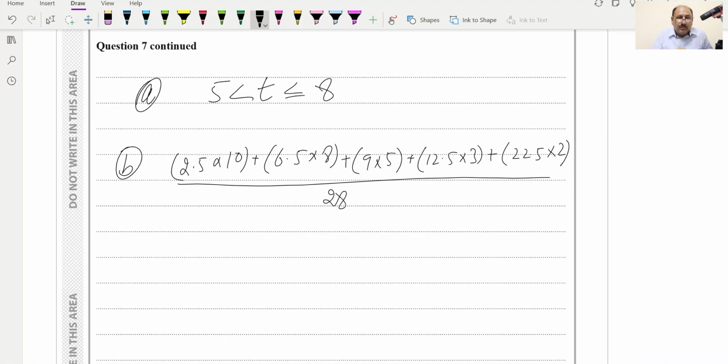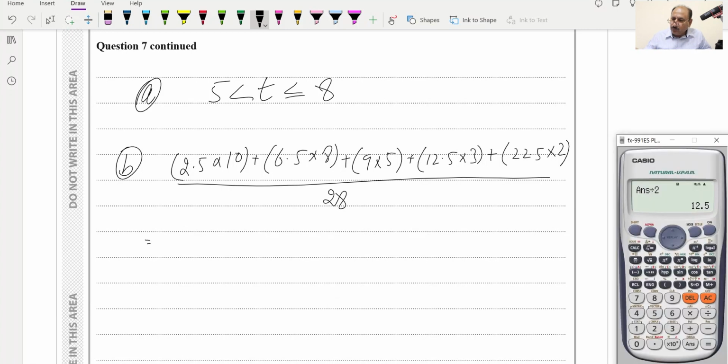Now we can calculate this with the help of a calculator.